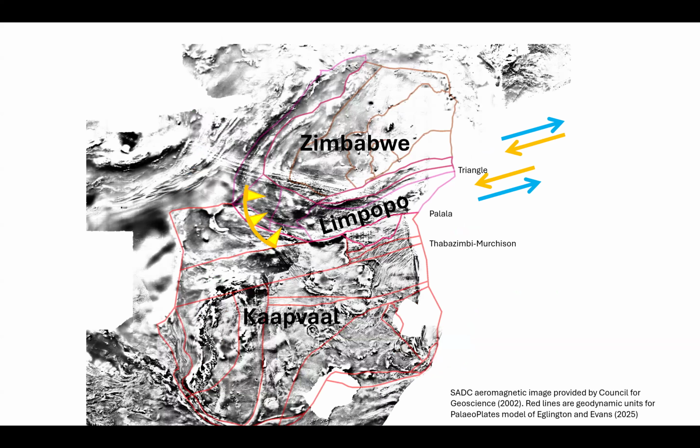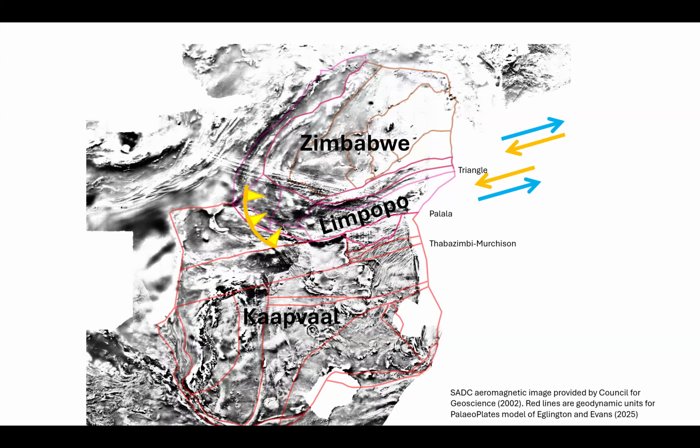Back to the AeroMag image, there are a couple of fundamental things that, to my mind, are important when working through this. And it comes from political boundaries that get in the way with where one has access and when one had access to geology, etc. The Limpopo Belt has been a focus between Zimbabwe and South Africa.